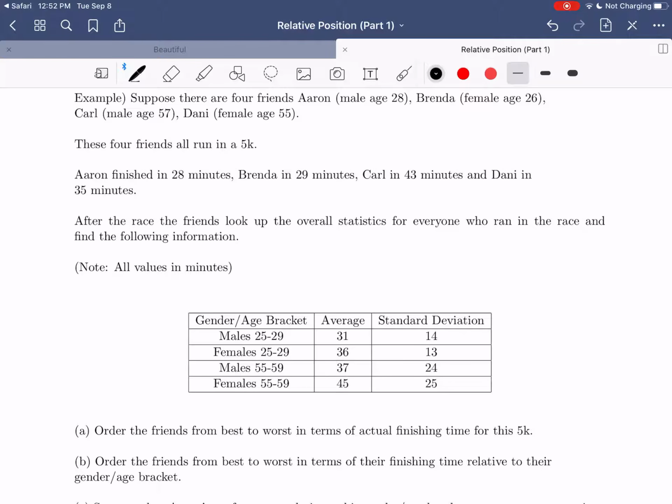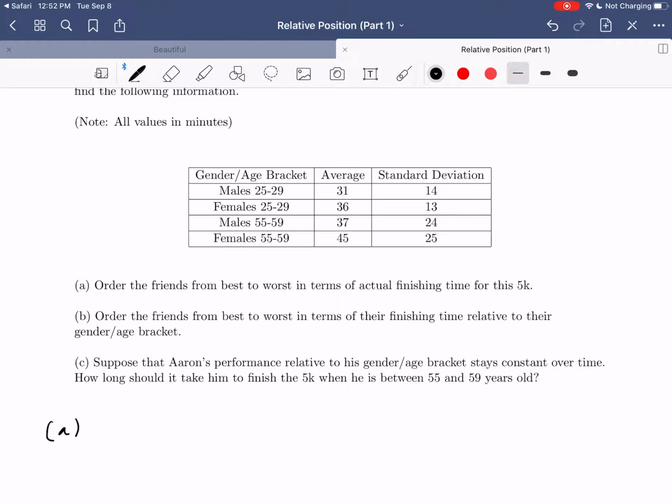If you think about a race, the smaller the value, the better you did. If you were the 5th friend of this group, and hopefully your name starts with E, because otherwise you wouldn't fit in with their ABCD format here, and you were watching them, who would cross the finish line first? Well, it would only take Aaron 28 minutes, so he would come in first.